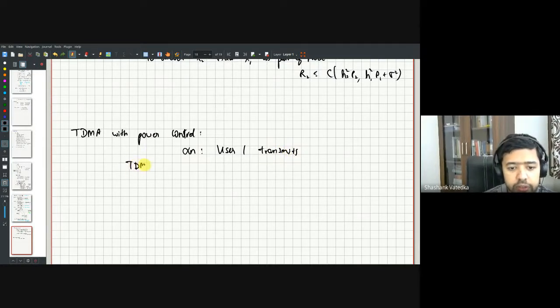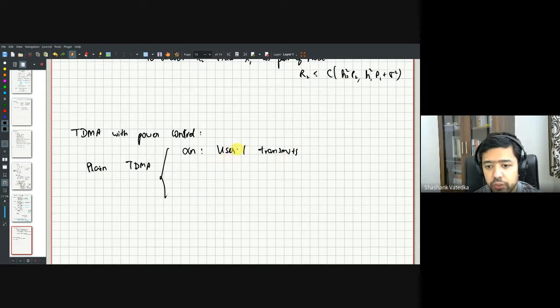So this is plain TDMA. For alpha n channel uses, user 1 transmits at a rate C of H1 square P1 by sigma square, whereas user 2 is silent.